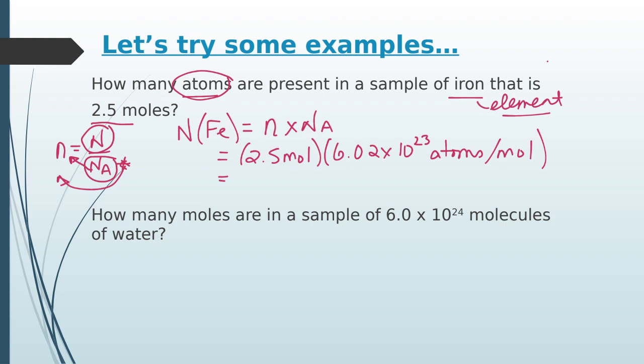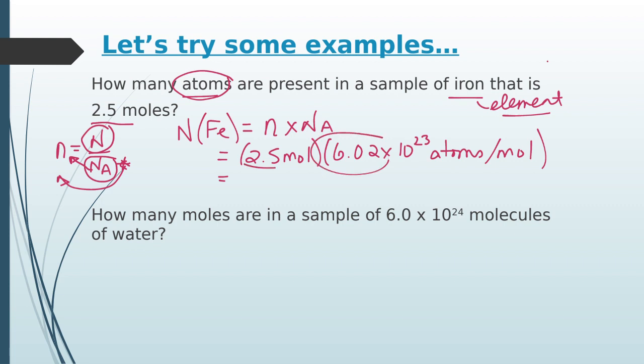We calculate this. So we have 2.5 times 6.02 exp 23. And the calculator gives me 4 significant figures. I am going to round to 2 significant figures because of my rules, and I'm going to round to the data that is given.